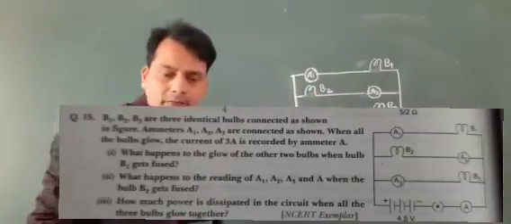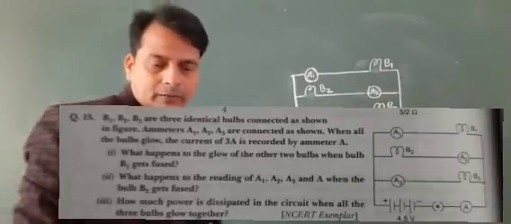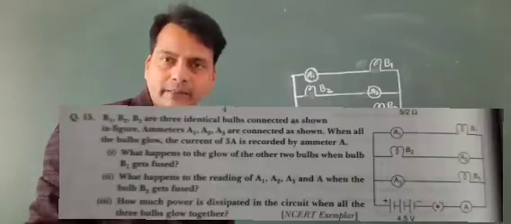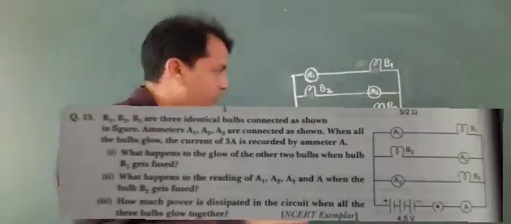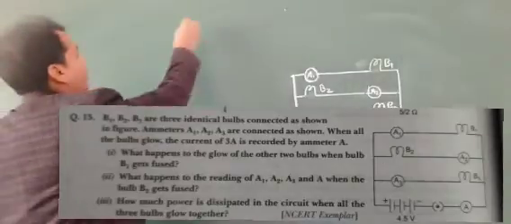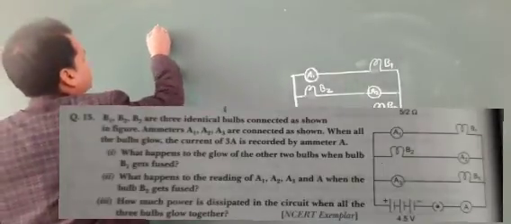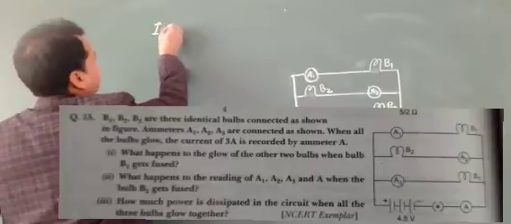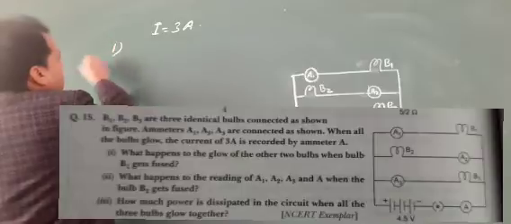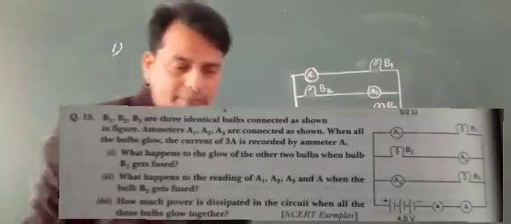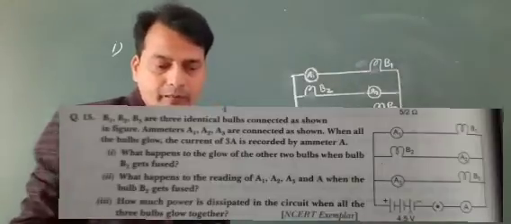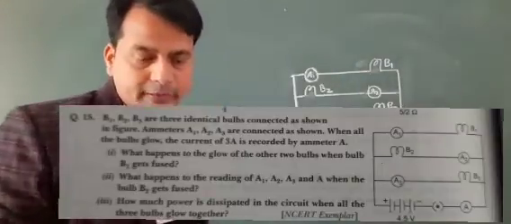According to this question, the current of 3 ampere is recorded by ammeter A. So it is clear that the total current flowing in this circuit is 3 ampere, so the value of I is equal to 3 ampere. The first question is, what happens to the glow of the other two bulbs when bulb B1 gets fused?